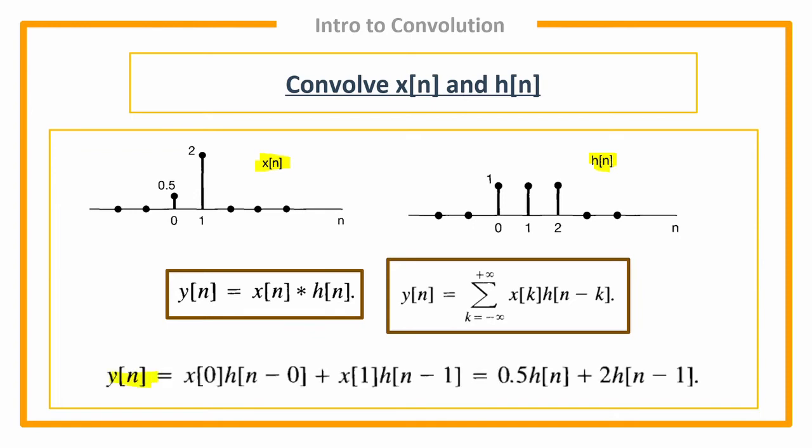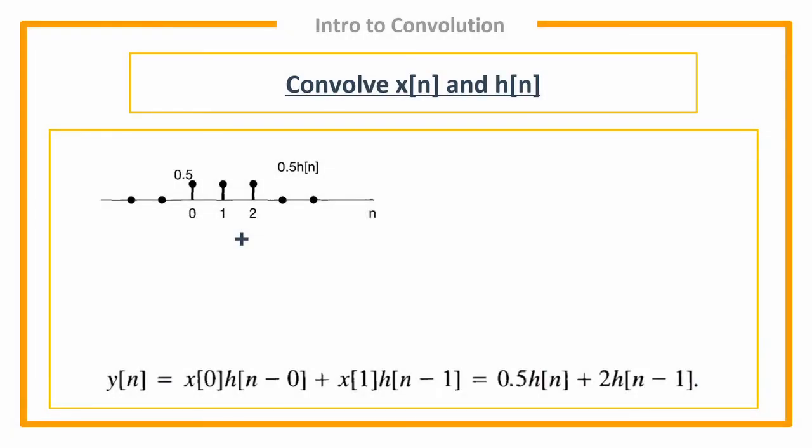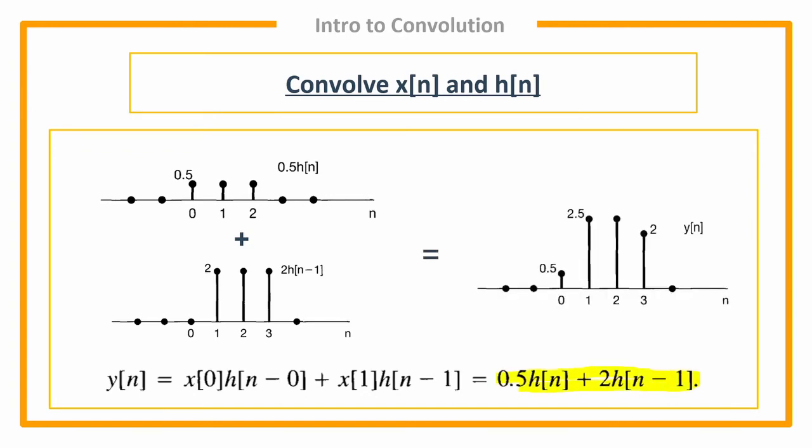So if we could find 0.5 times h of n and add it with 2 times h of n minus 1, we could find the value of the output signal for any value of n. Using the h of n graph, we sketch 0.5 times h of n and 2 times h of n minus 1 and add both to find y of n. So now we have the graph for y of n.